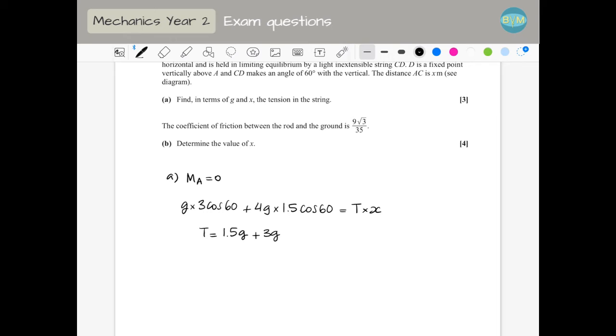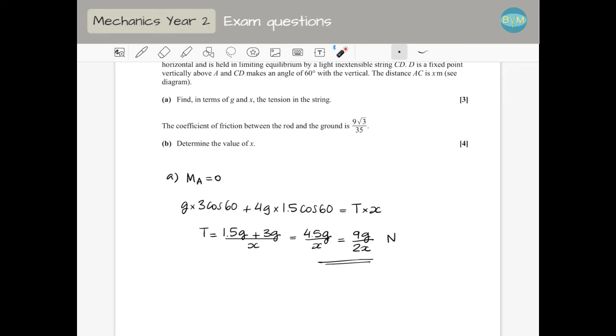So plus 3g, divided by x, which is 4.5g divided by x. Or if you prefer to write it as a fraction, we could have 9g divided by 2x. Either way, newtons. So we can write either of these two expressions.